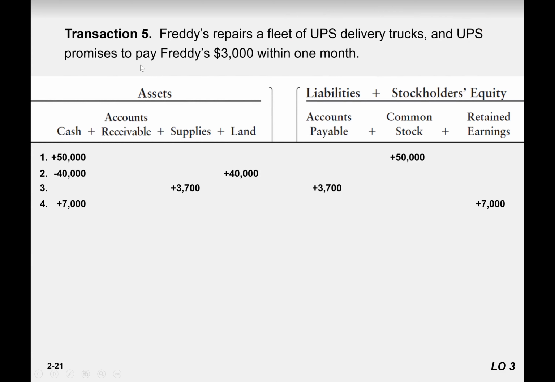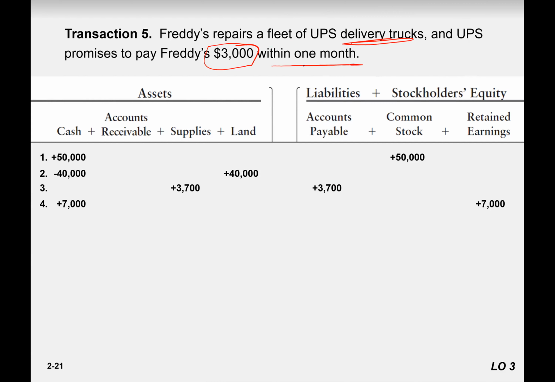Again, Fridays repairs a fleet of UPS delivery trucks. Fridays is an auto service incorporation, so they repaired the trucks worth 3,000, but payment will be coming after 30 days. So let me know which two accounts are going to be affected.